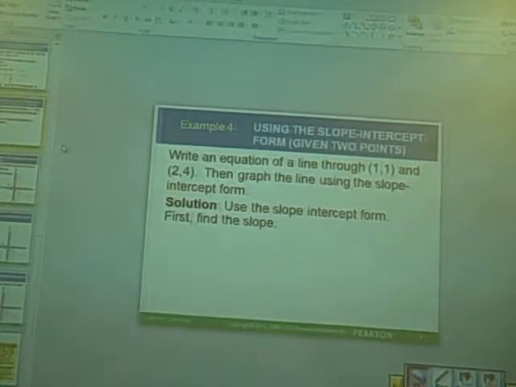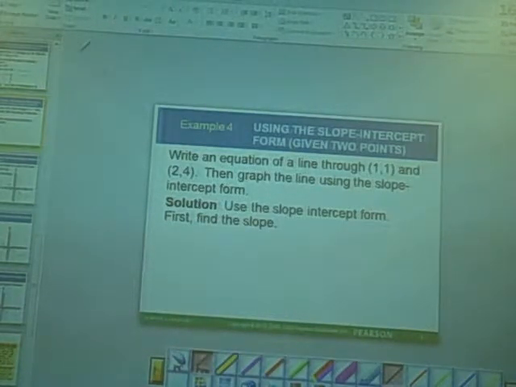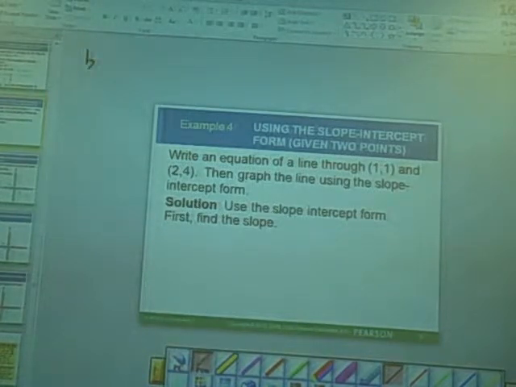Alright, we want to write an equation of a line through 1, 1 and 2, 4, then graph the line using the slope-intercept form. So I'm going to rewrite this because it's a lot better than trying to squeeze it all in one tiny little spot. We have 1, 1, and that's our x1, y1.